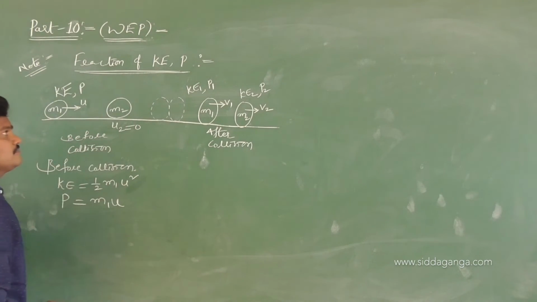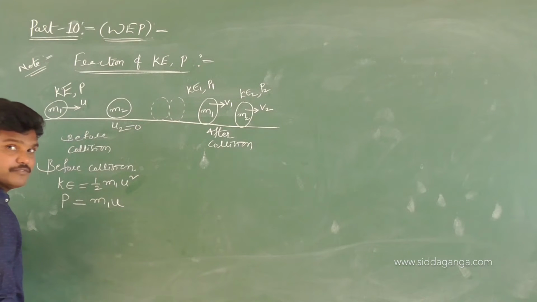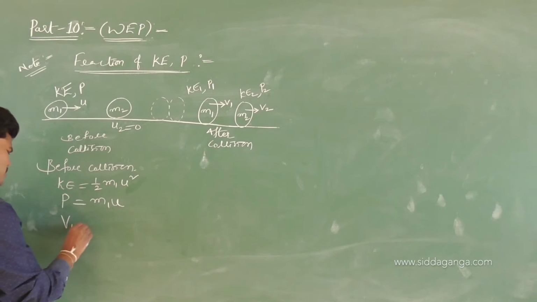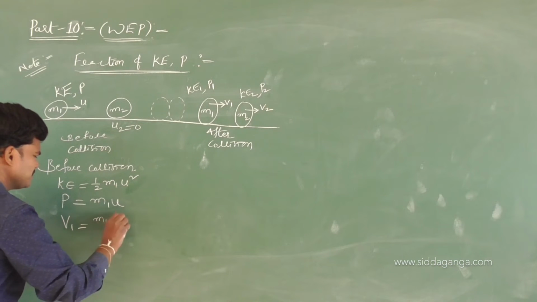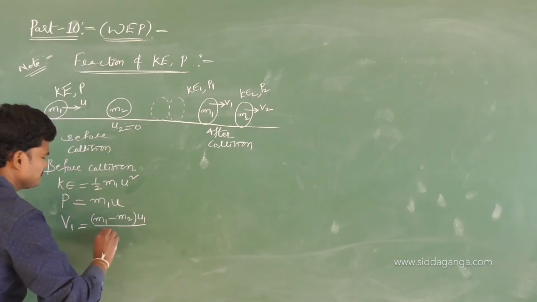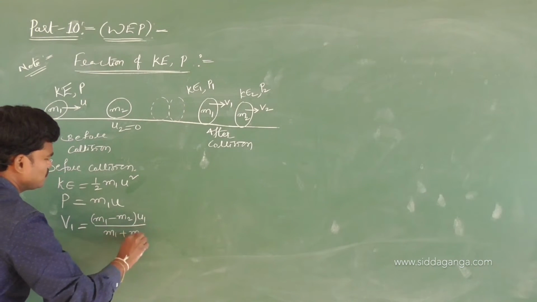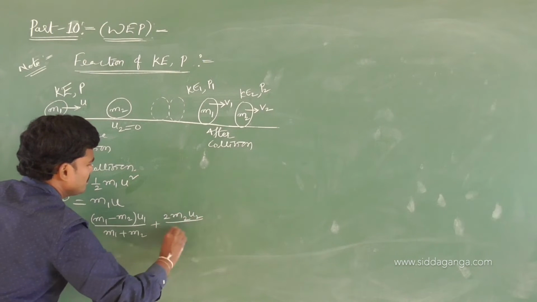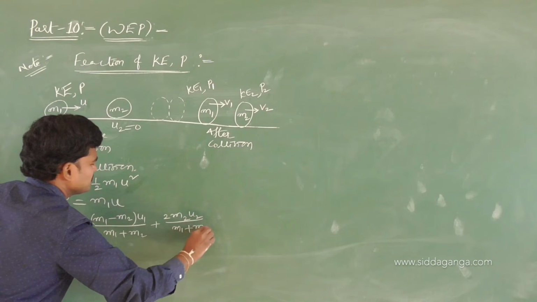After the collision, kinetic energy KE1 is half m1 v1 square. So let us write the v1 value. What is the v1 formula? v1 is m1 minus m2 into u1 by m1 plus m2, plus 2 m2 u2 by m1 plus m2.